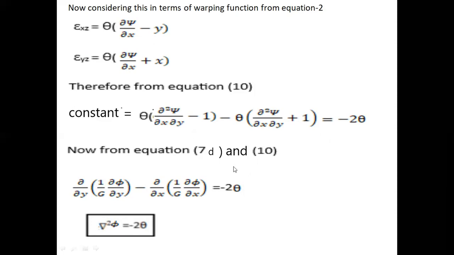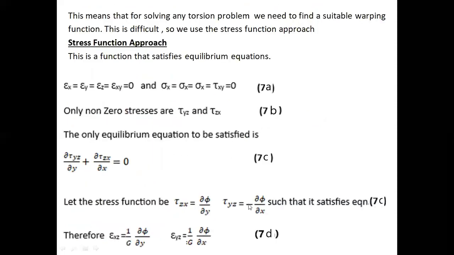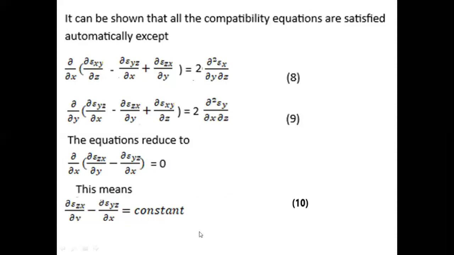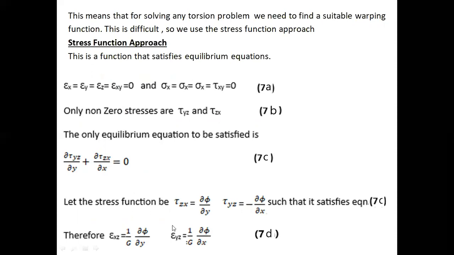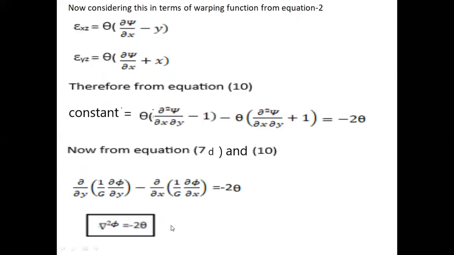Now, if we consider equation 7d and 10, 7d involves only the strains epsilon xz and epsilon yz, and 10 is the equation derived from the compatibility equation. So combine equation 7d and equation 10, and we find that it comes down to Laplacian phi equal to minus 2 theta.